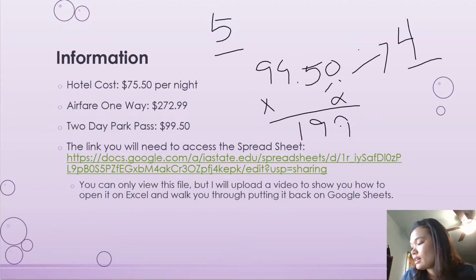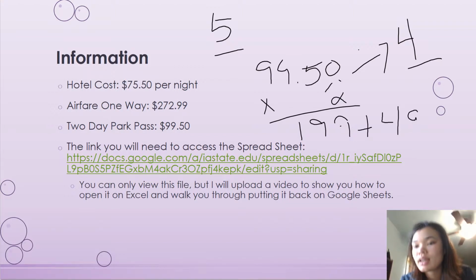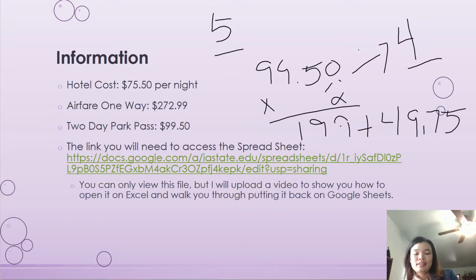So you're going to divide $99.50 by 2, and that's $49.75. You're going to add $199 plus $49.75, and that'll give you the total cost of staying there for 5 days. It'll work the same for 7 days, 6 days, whatever.